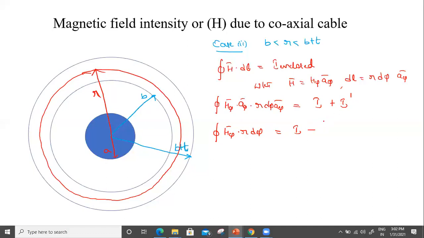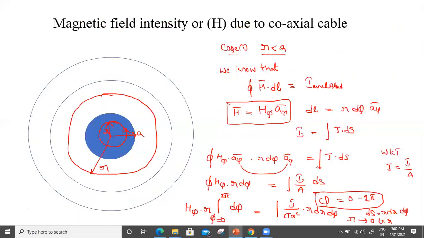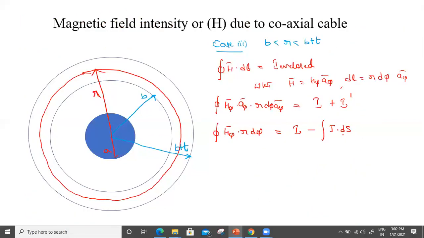This I dash can be written as integral J dot dS, like in the first case. J is nothing but current density. We know that the current density J equals current per unit surface, I by A.